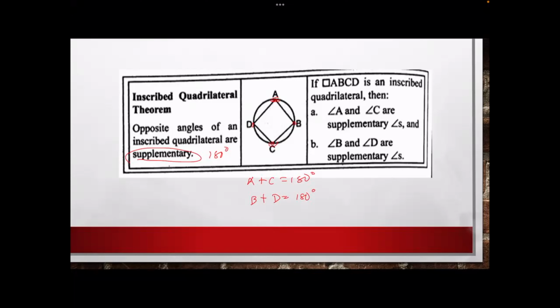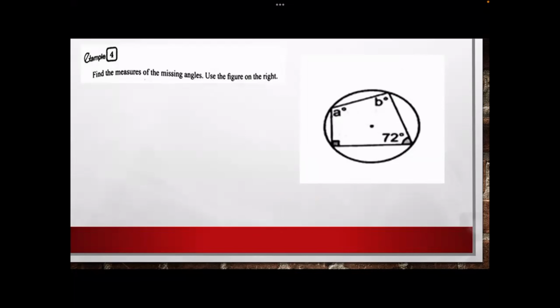So, example niyan, find the measure of the missing angle using the figure on the right. Meron tayong given is A, B, and 72. Ito ay 90 degrees, kasi small box siya, that's 90 degrees.